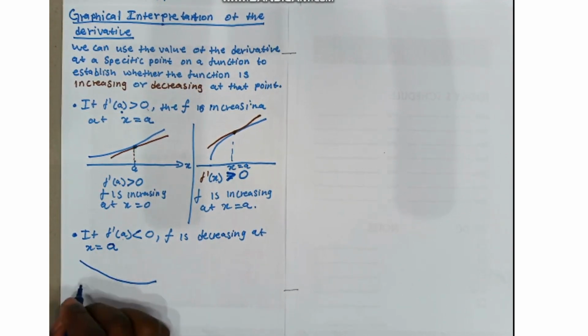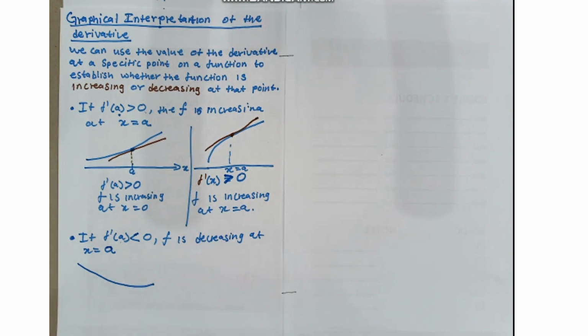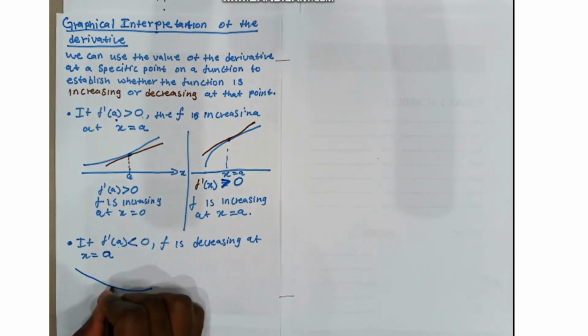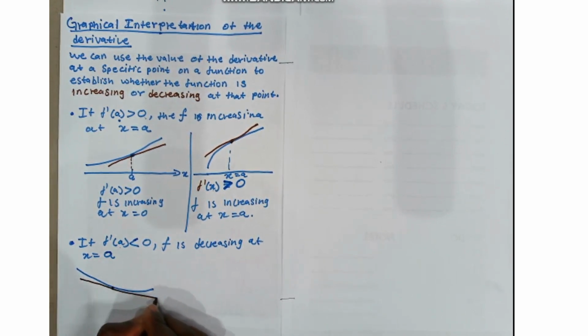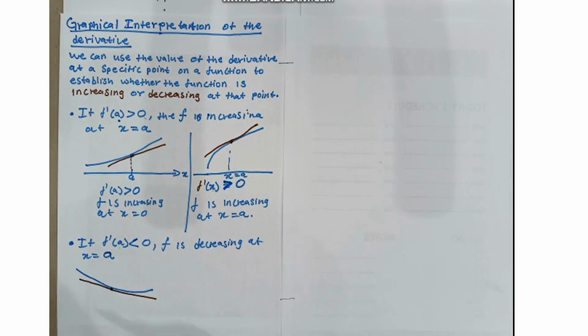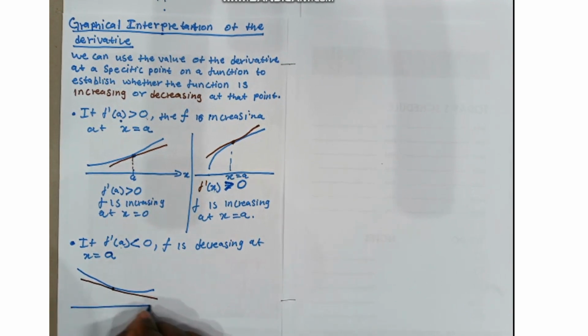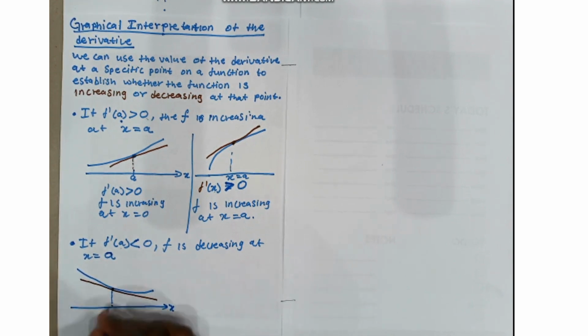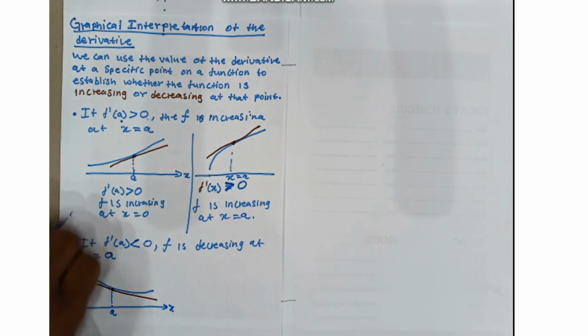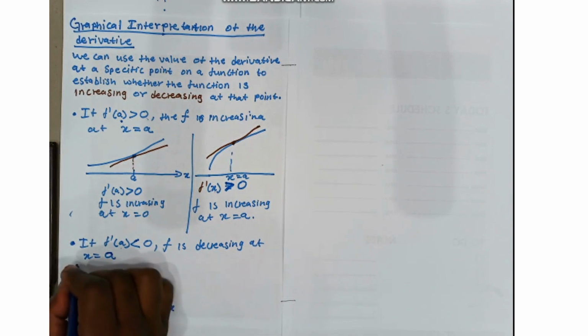If we do our graphical representation, we draw our tangent on our Cartesian plane. There's x here, which is a here, and this is our function.